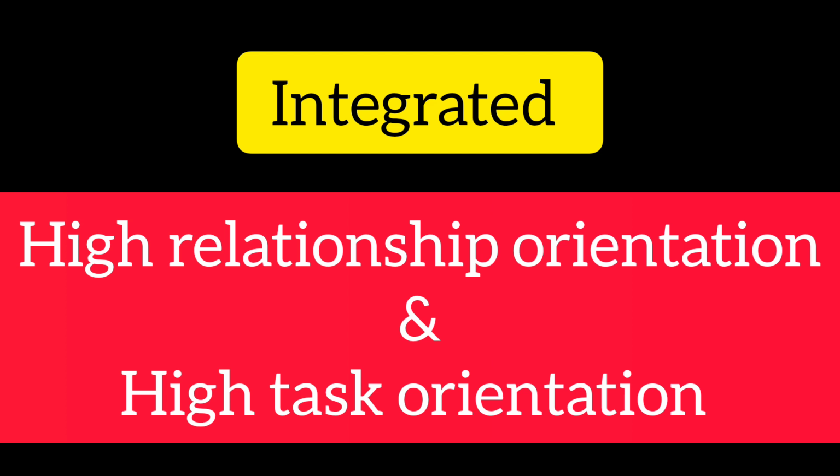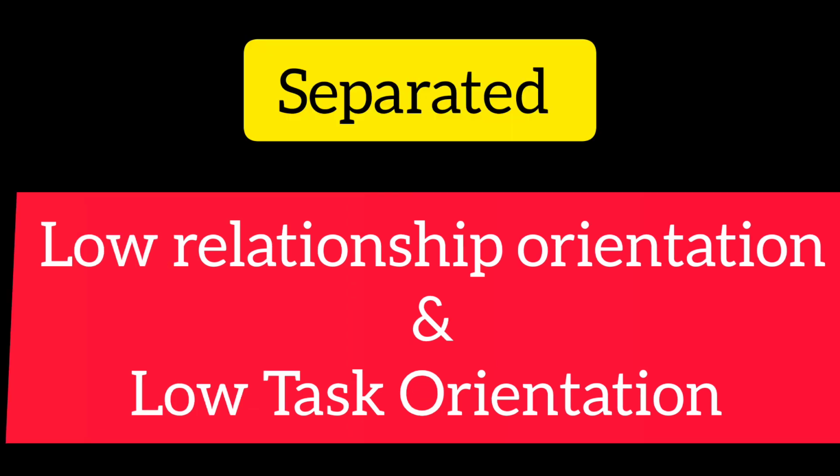Now going to the third one, that is the separated one. The separated managerial style is characterized by low task orientation and low relationship orientation. The leader provides policies and procedures and does little to monitor subordinate activity.